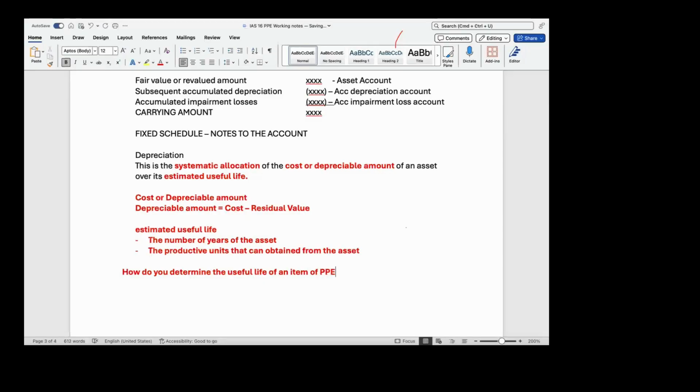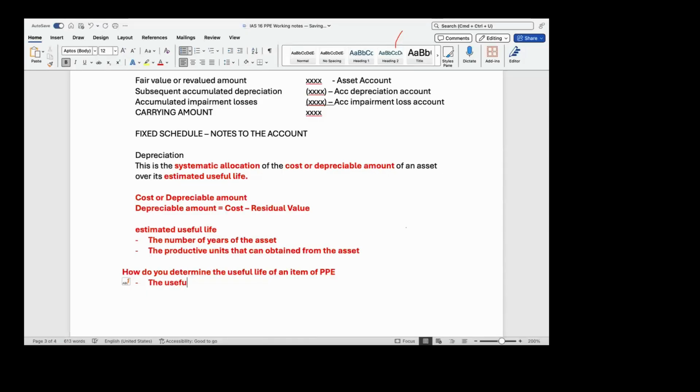There was a question like that before, like 2 or 3 diets ago, I think for 4 or 5 marks. Because useful life also is estimated. It's not something you know with certainty. You have to estimate it. So when you're doing your estimate, what will be the basis of determining that estimate? Or what will ultimately determine the useful life of that asset?